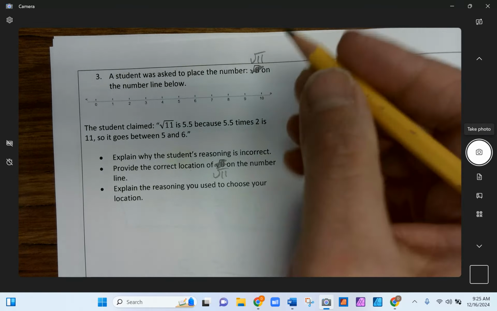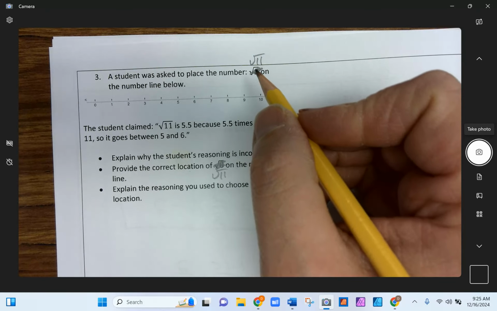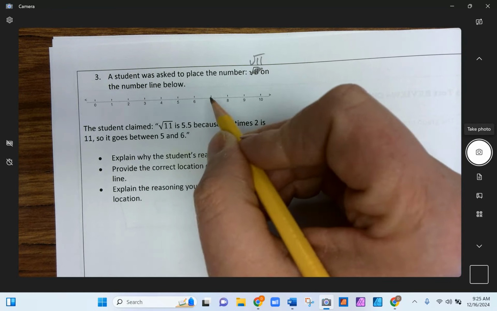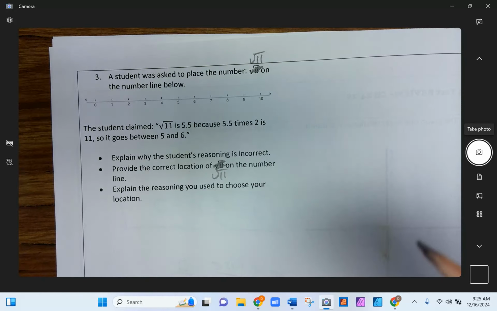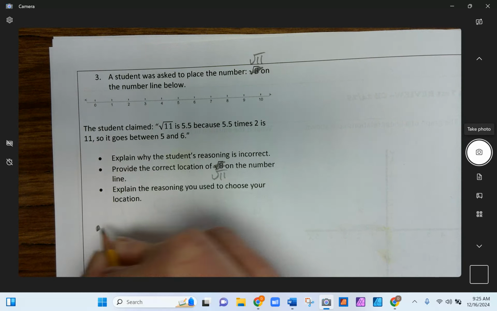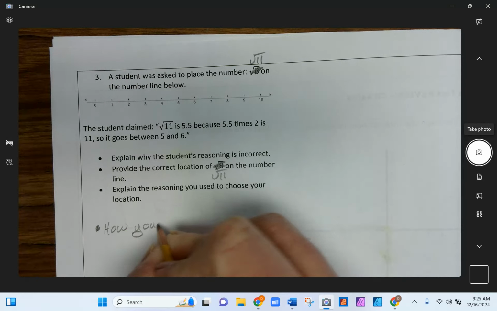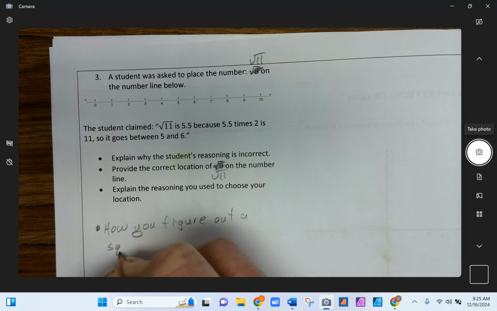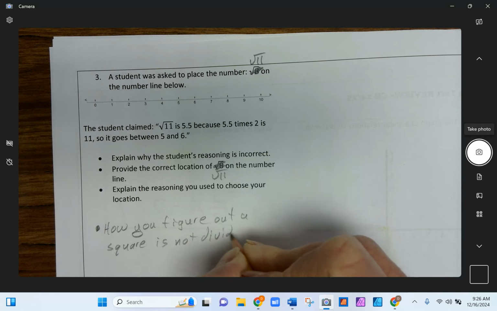Okay, student is incorrect because you don't just divide it in 2. It's not just like multiplication and division, right? You've got to figure out the number that multiplies up to 11 by itself. So it's not 5.5 times 2. It's going to be the same number multiplied by itself. And so how you figure out a square root: a square root is not dividing it by 2.